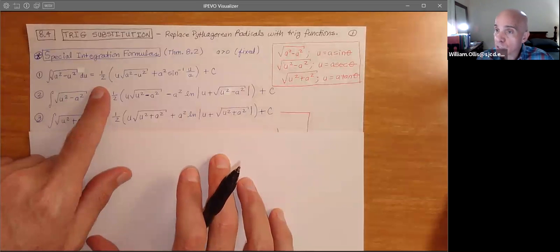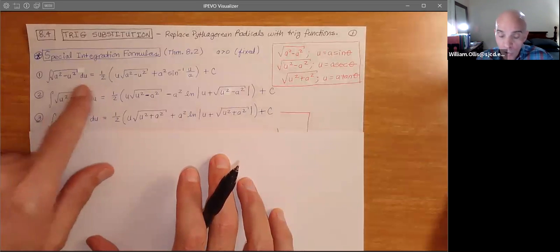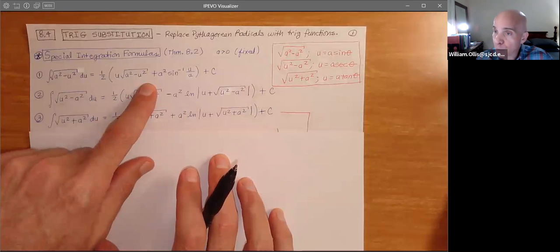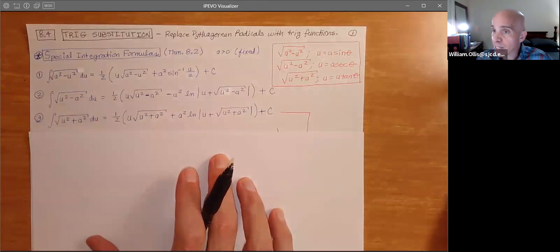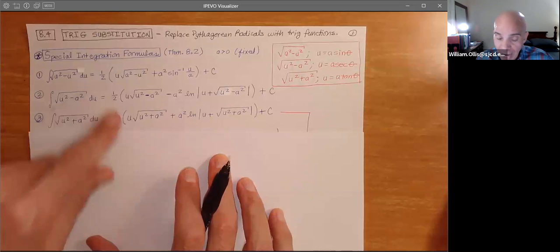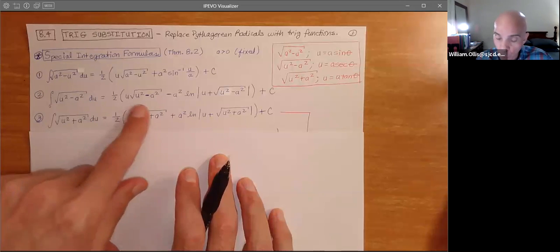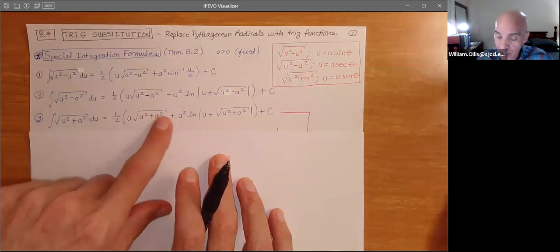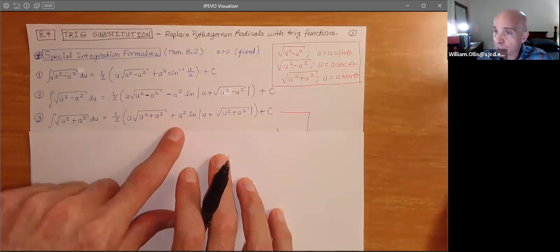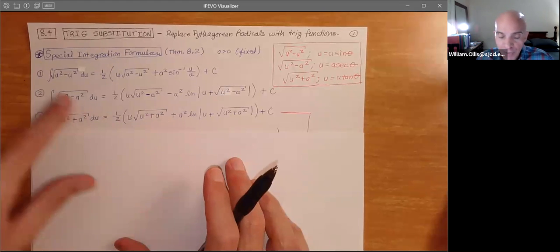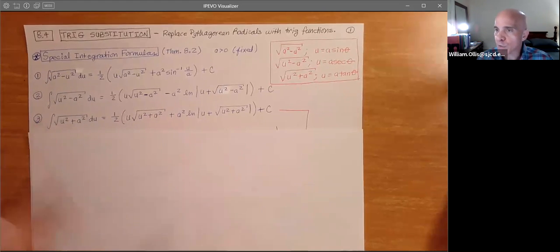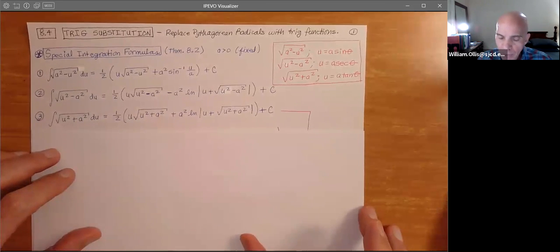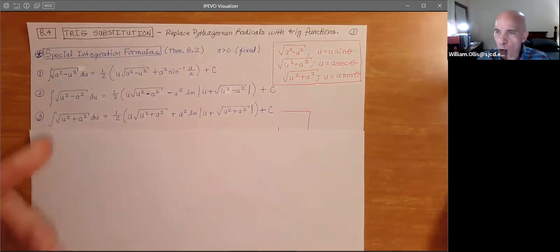With the trig sub technique, we can derive all of these formulas, just like we were doing in our examples. And the idea is that you notice the form of these. It must have been the case that we pushed forth the secant cubed integral. And if you look in the notes, you'll see that. So these are what we call special integration formulas. Dr. Larson puts this in your ebook. And so if you want to go ahead and work through these derivations, be my guest.